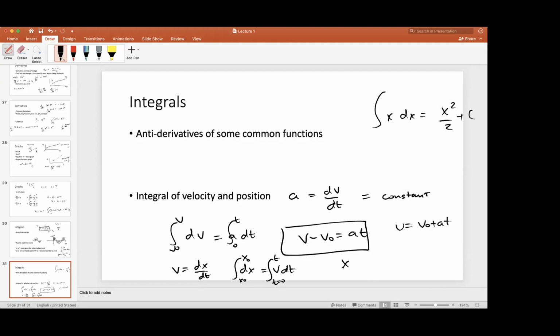What I get is x final minus x initial is v naught t plus at squared over 2. That is our second constant acceleration equation, which gives us the change of position is equal to the initial velocity times time plus the acceleration times time squared over 2.